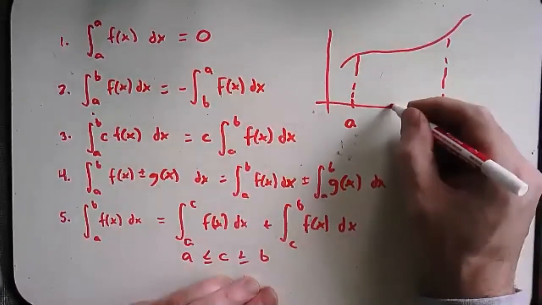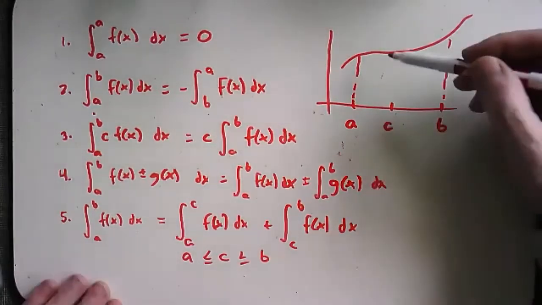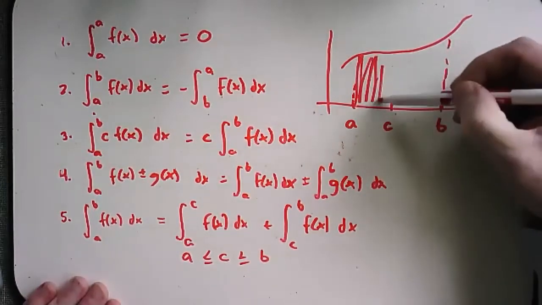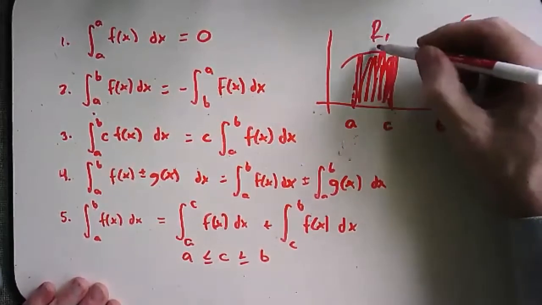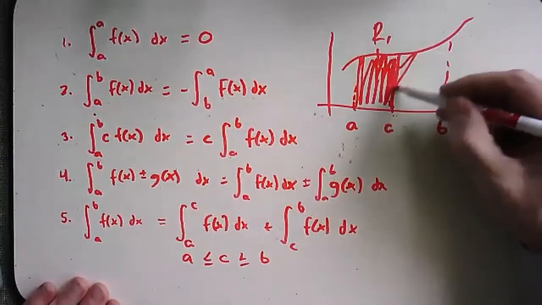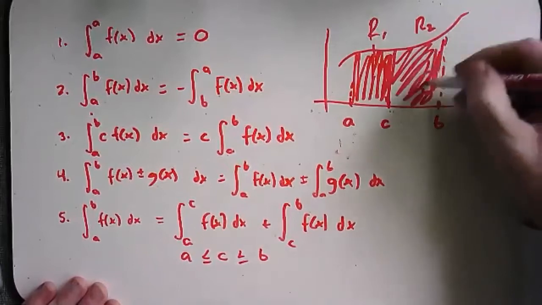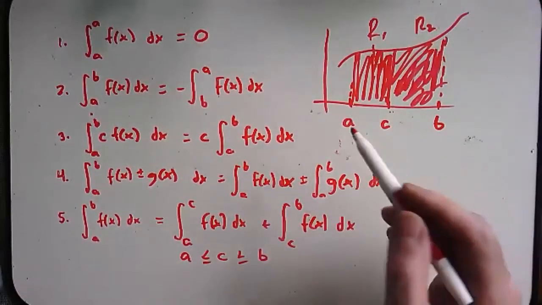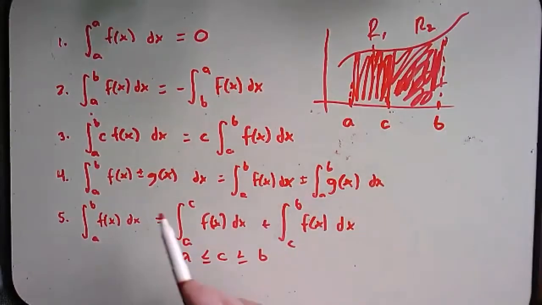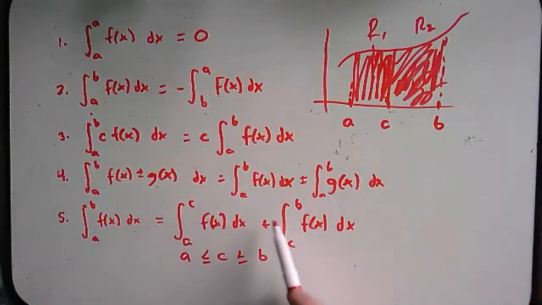Well, if c is somewhere in between a and b, then we can take the area beneath the curve from a to c as our first region, and then we can go c to b as a second definite integral. And if we do both of those steps, we've calculated the full area beneath the curve from a to b. So going from a to b is the same as going from a to c, and then from c to b, as long as c is in between a and b.